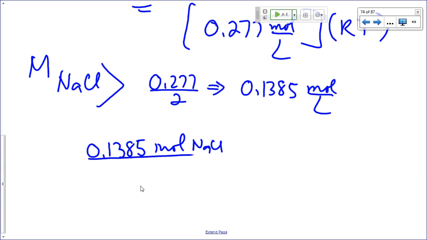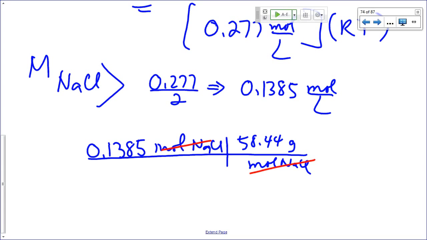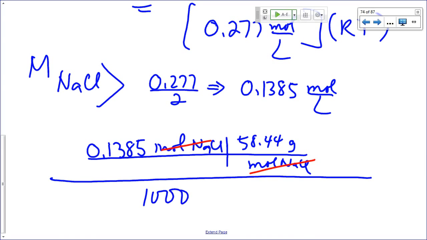How do you change that to grams? 58.44 grams per mole sodium chloride, right? Divide that by 1,000 mL, times 100%.